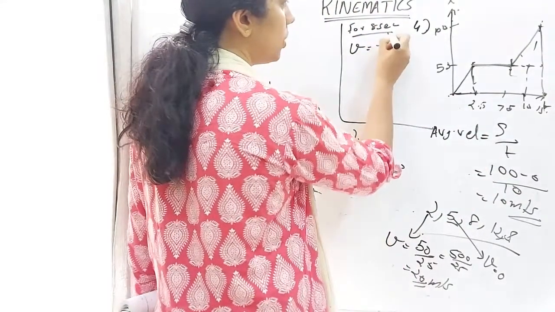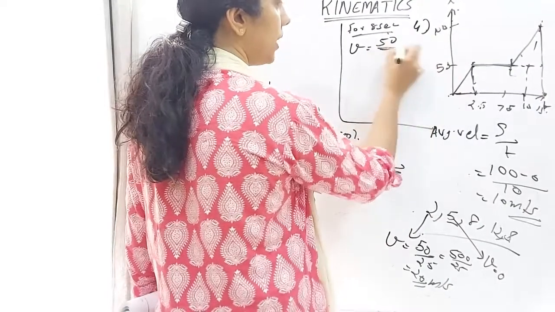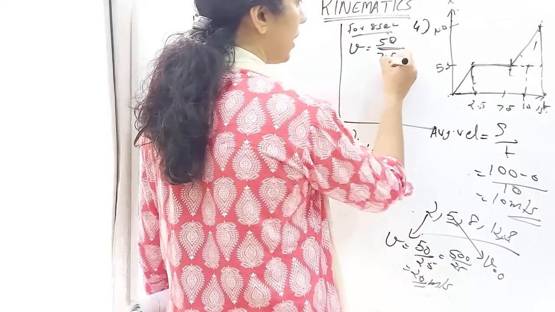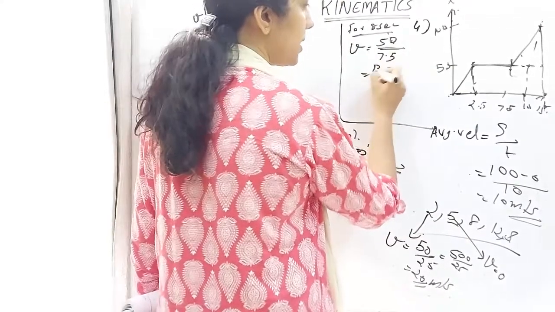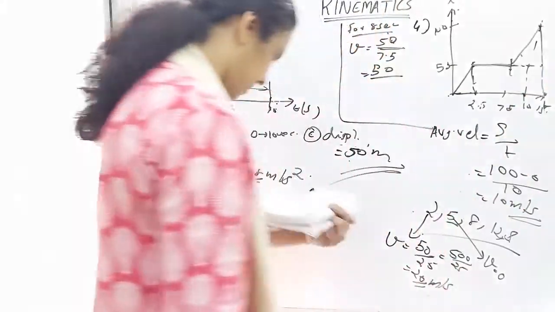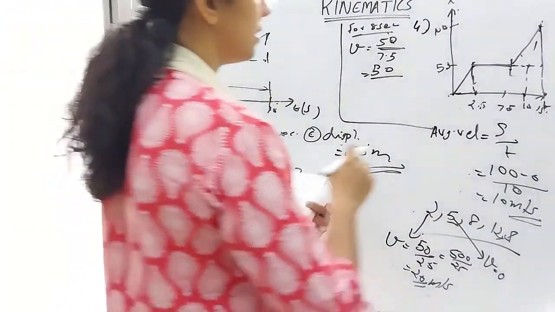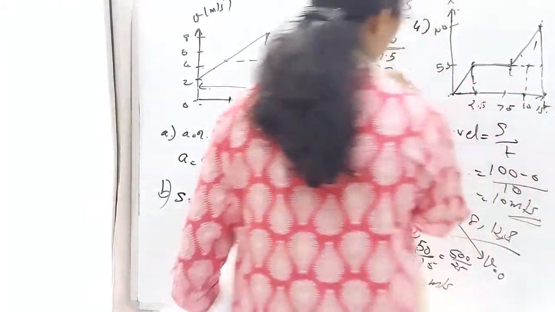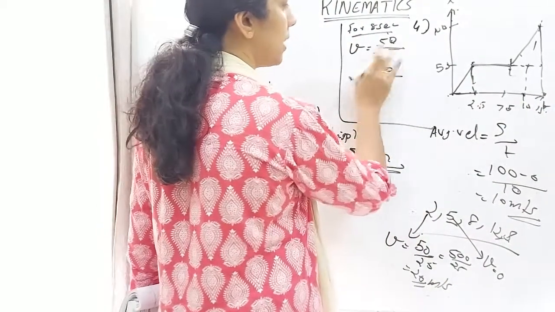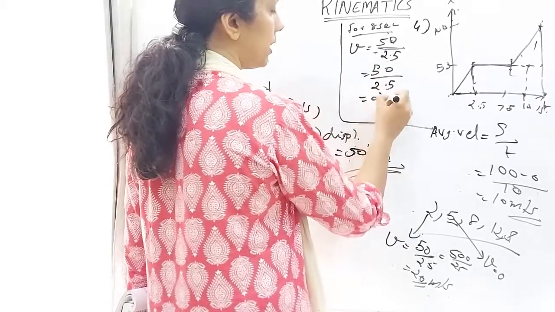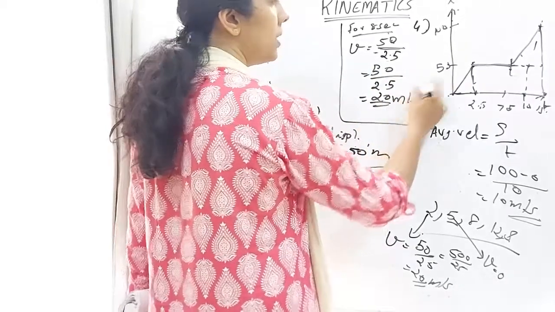Velocity will be equal to 100 minus 50, which is 50, divided by time. It's 7.5 to 10. So 10 minus 7.5 is 2.5. Here you will again get 20 meter per second.